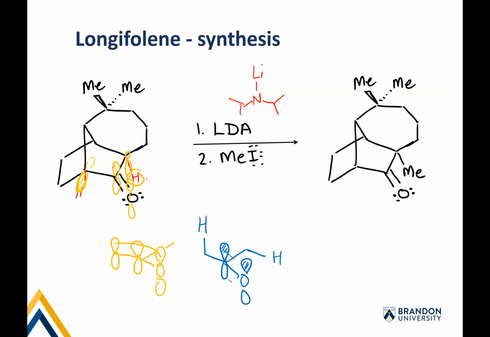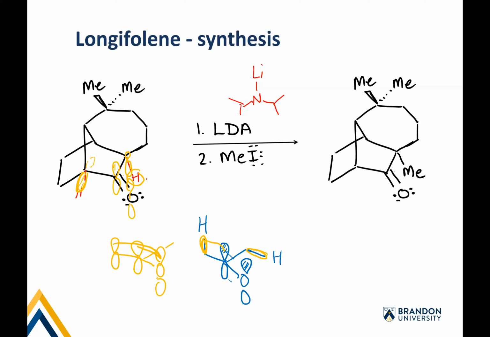So if you can remove one proton and not the other, because one's going to have these electrons lined up to overlap. These electrons are horizontal, and so they're actually in the plane of the carbon oxygen sigma bond.